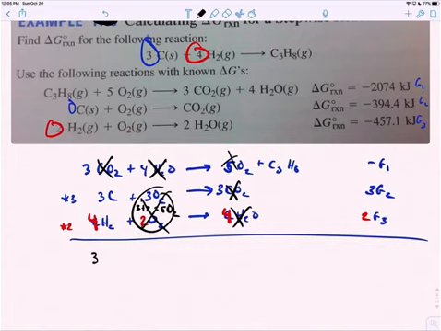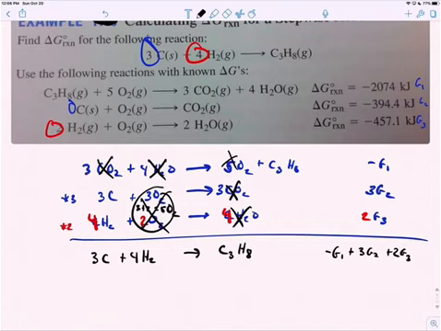And I'm left with 3C plus 4H2 yields C3H8, and this is minus G1 plus 3G2 plus 4G3.